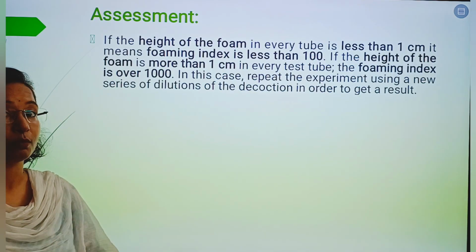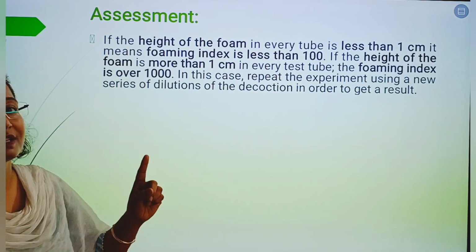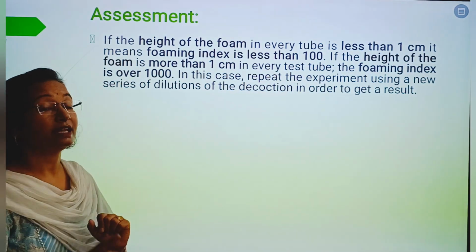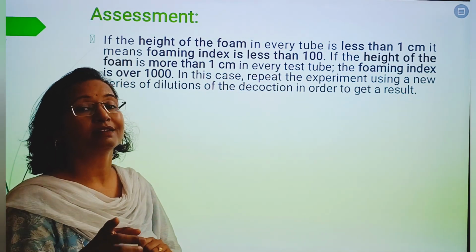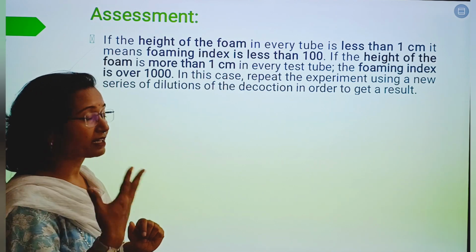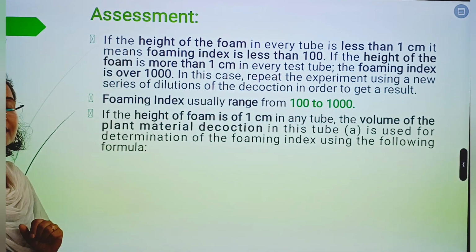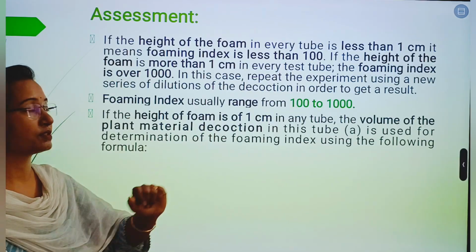If the height of the foam in every tube is more than 1 centimeter, then the foaming index is more than 1000. In that case, the practical is redone. Foaming index usually ranges from 100 to 1000.